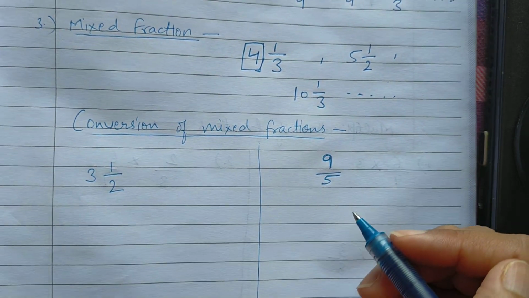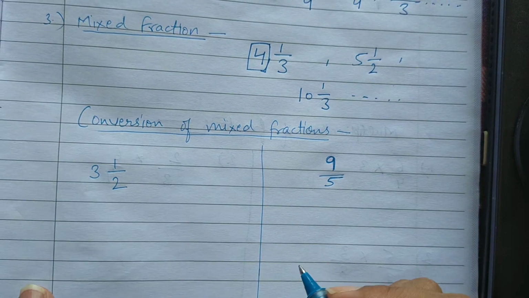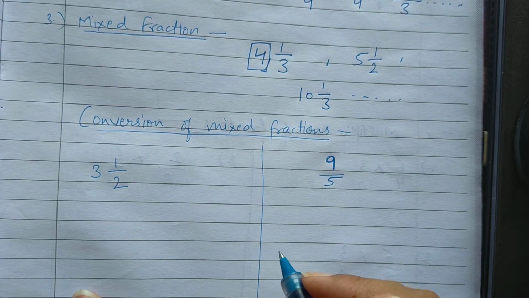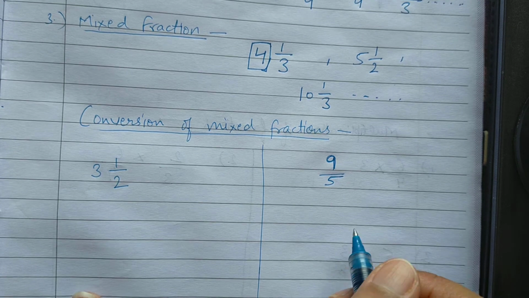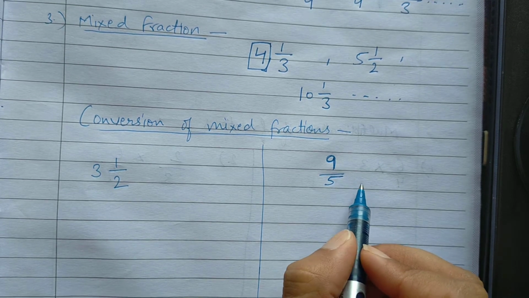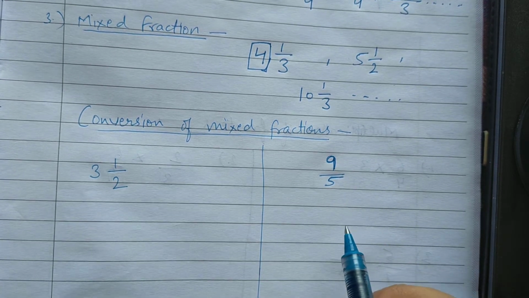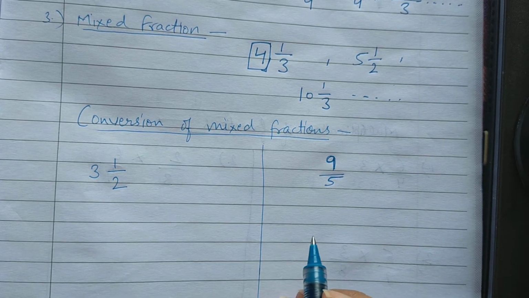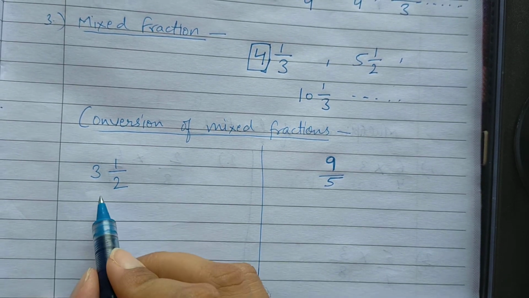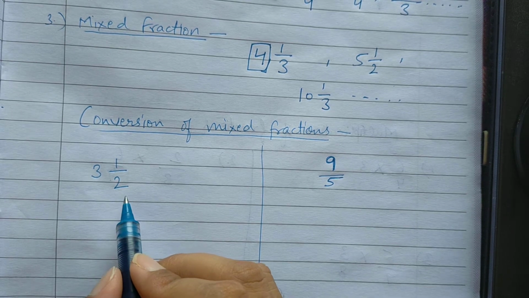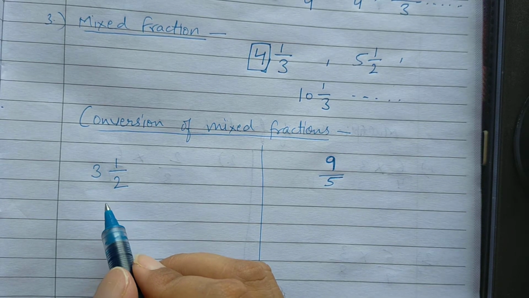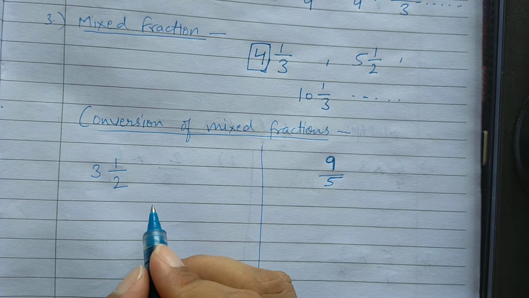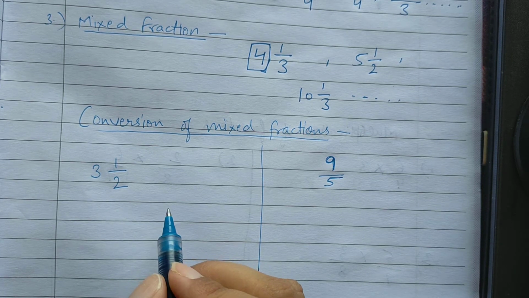Then how will we convert mixed fractions into improper fractions, or how will we convert improper fractions to mixed fractions? We will see this now. That also you have studied in grade 6. Here one mixed fraction is given, 3 1 upon 2, and we have to convert it into an improper fraction.